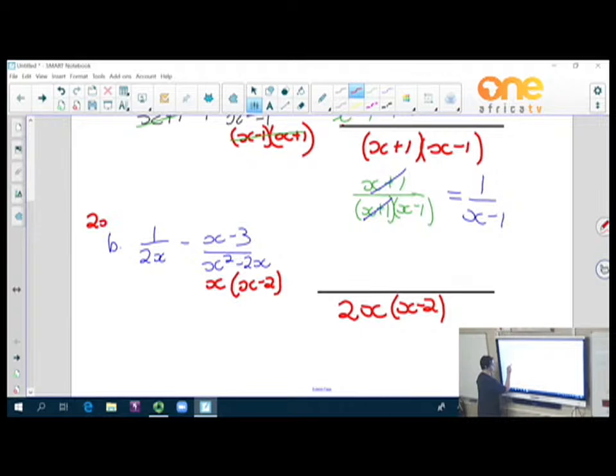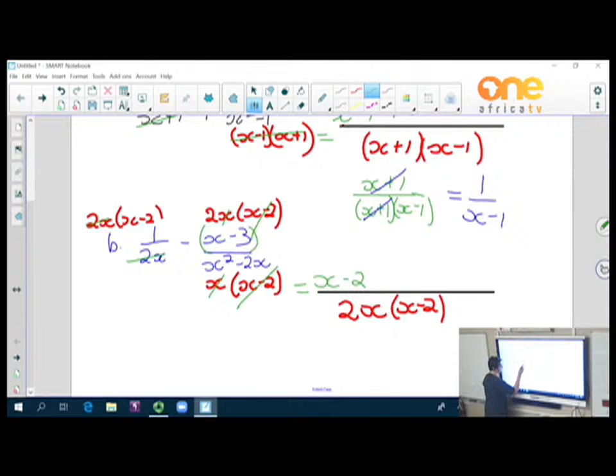So now I multiply with 2x, x minus 2, and here you also multiply with 2x, x minus 2, and we cancel. So this will cancel out, and there will remain x minus 2. Here the x will cancel, this will cancel. So now I have, it's a good idea to put brackets there.